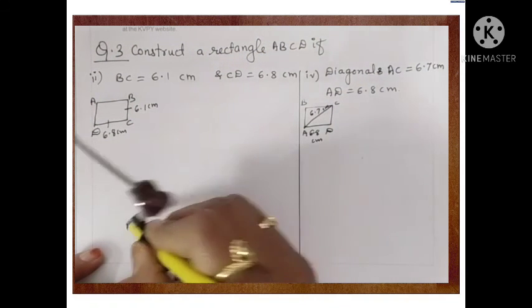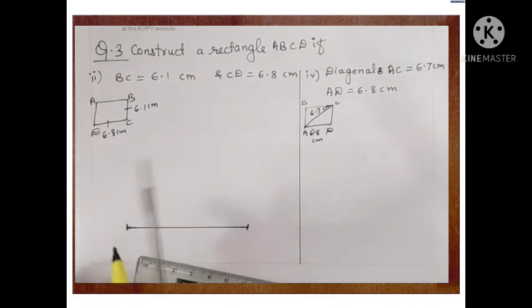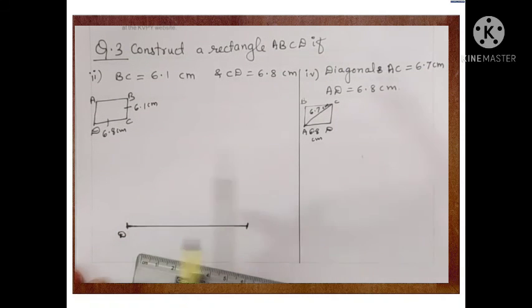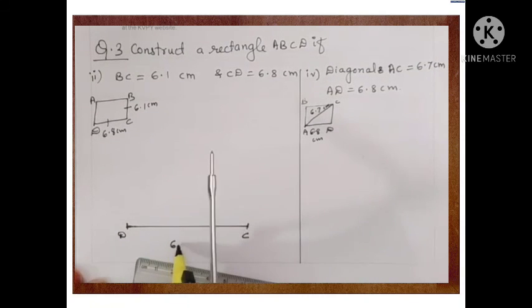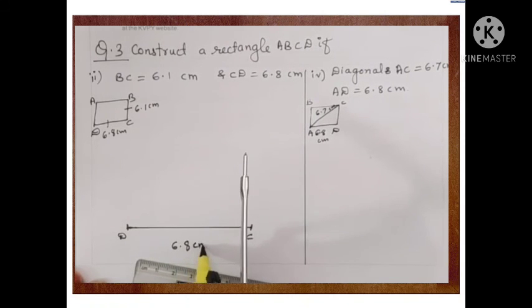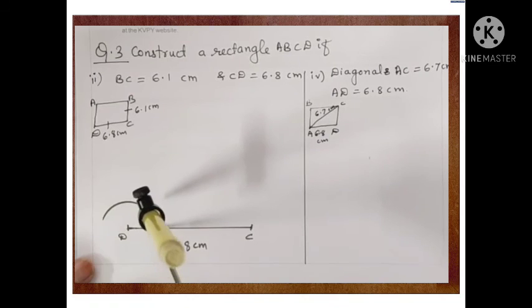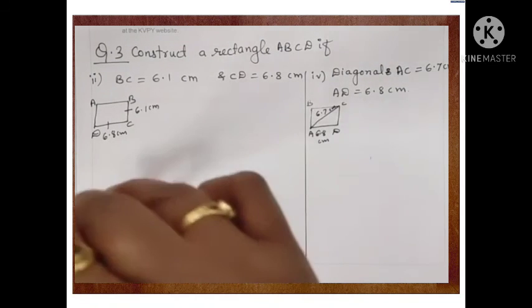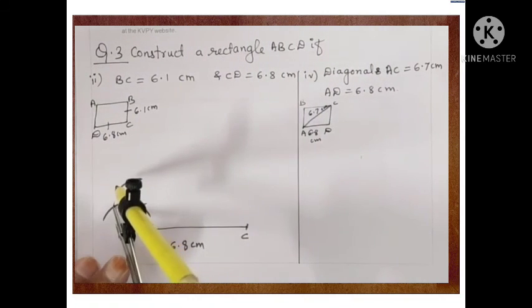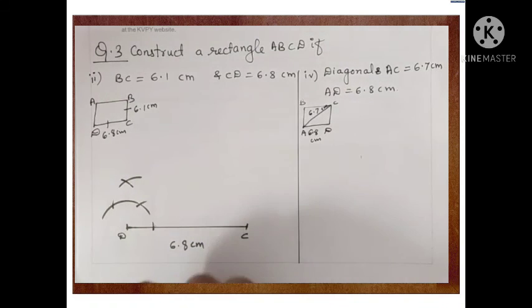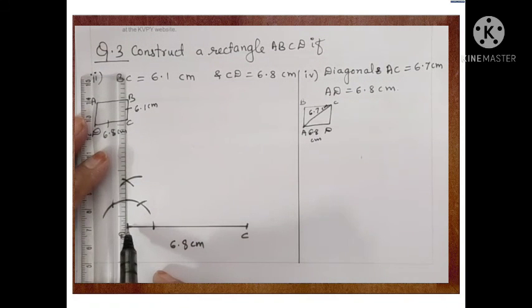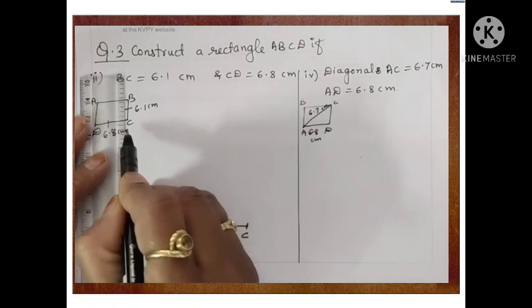Let us draw side DC 6.8 cm. Then we will construct a 90-degree angle from each of the end points D and C, since each angle of a rectangle is a right angle.